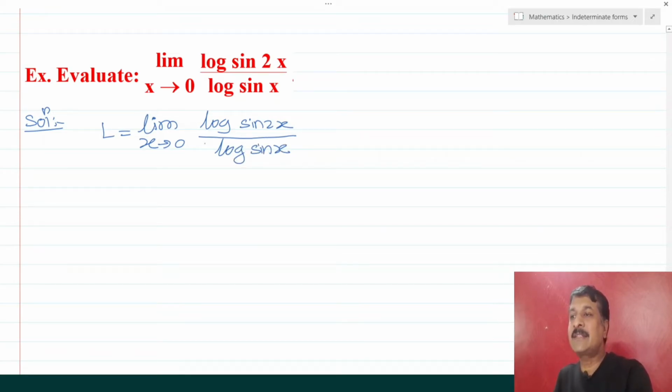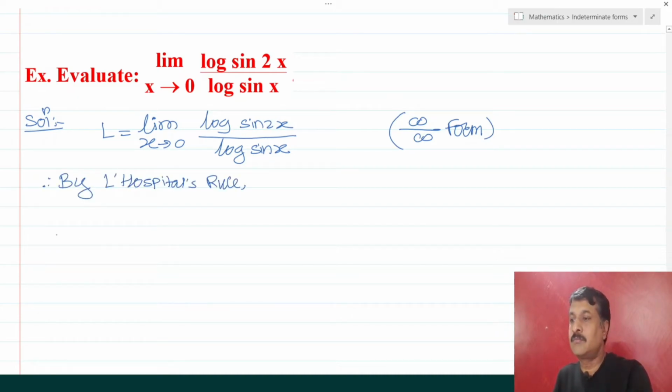Now as x tends to 0, sin 0 is 0 and log 0 is infinity, and that is why I am getting infinity by infinity form. And we know when 0 by 0 or infinity by infinity indeterminate form, we can use L'Hospital's rule, and therefore by L'Hospital's rule.